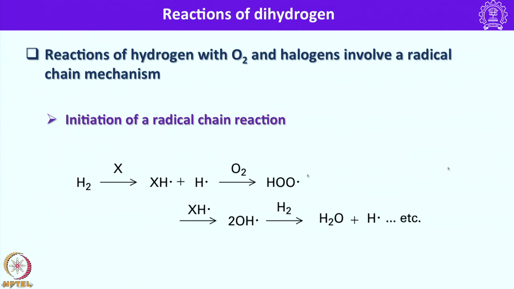These 2 radicals in presence of oxygen molecule form HOO dot, and this HOO dot again reacts with this radical here to form 2 hydroxyl radicals, and these hydroxyl radicals in combination with H2 molecule give H2O and H dot, and this H dot again participates, and this radical chain reaction continues.